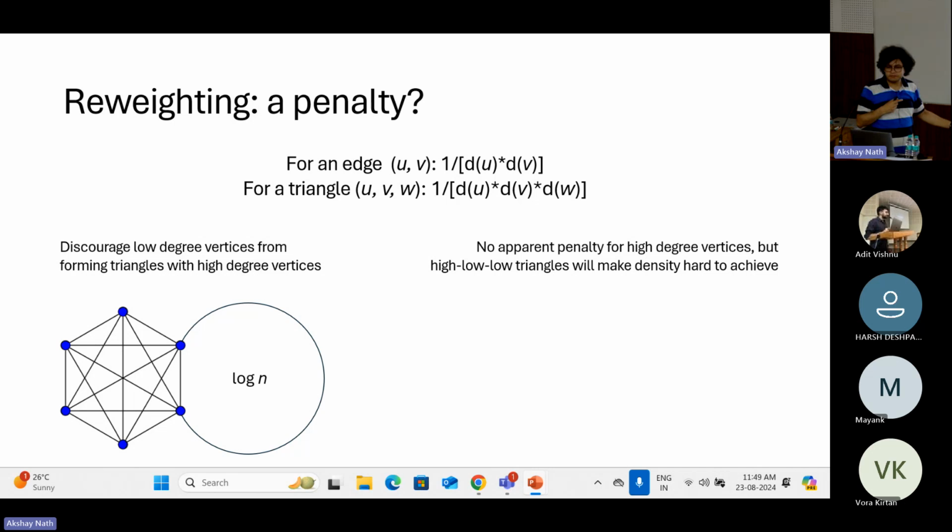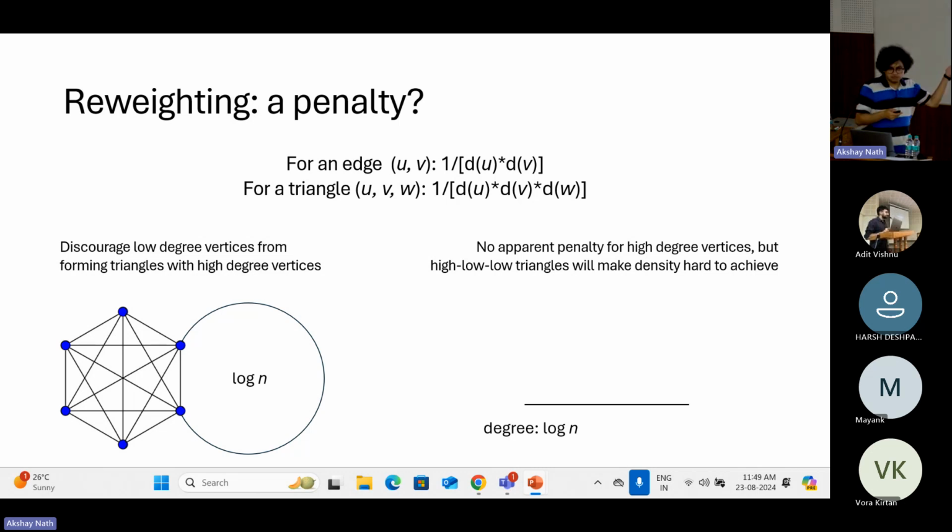There doesn't seem to be an apparent, there's a penalty for low degree vertices forming triangles with high degree vertices, but there's no penalty for high degree vertices forming triangles with low degree vertices. If anything, it's actually encouraged. So what's going on? My claim is that these high, low, low triangles are hard to achieve. Actually, it's supposed to be high, high, low. My bad. They will make density hard to achieve. So as an example, let's look at this edge where both endpoints are of degree log n.